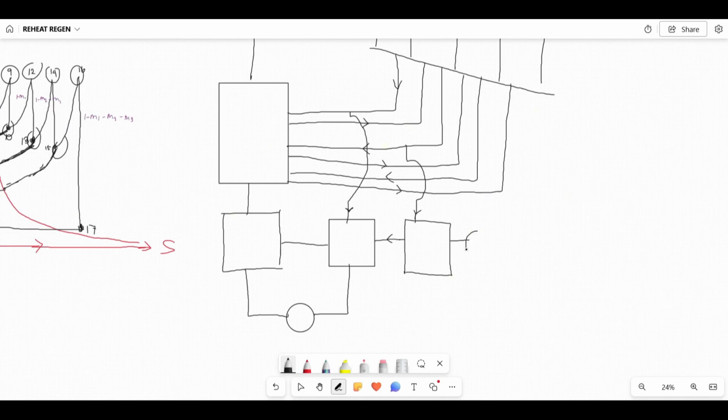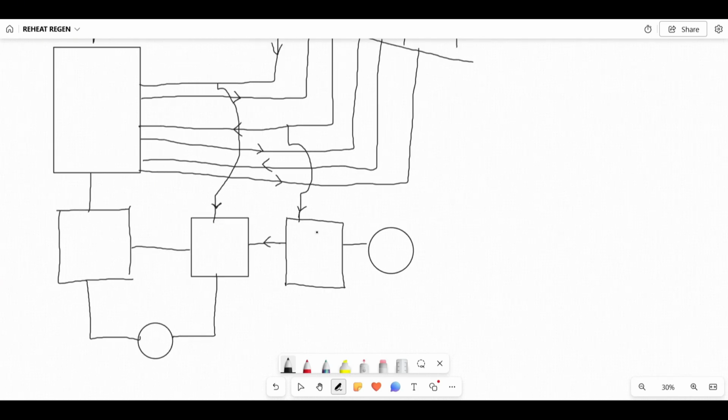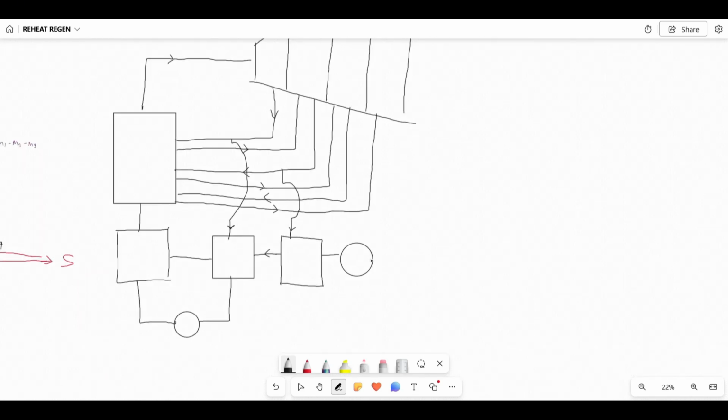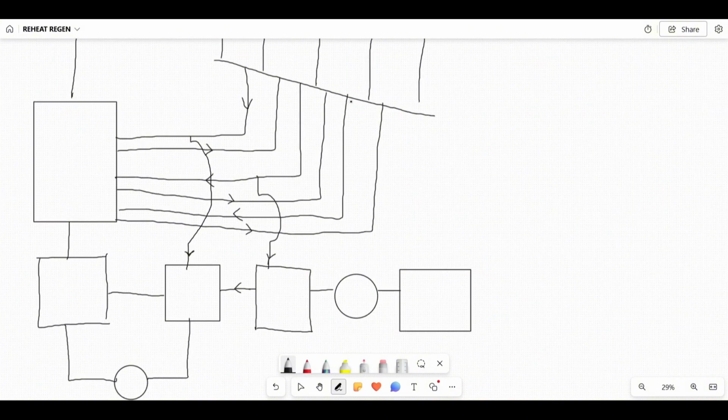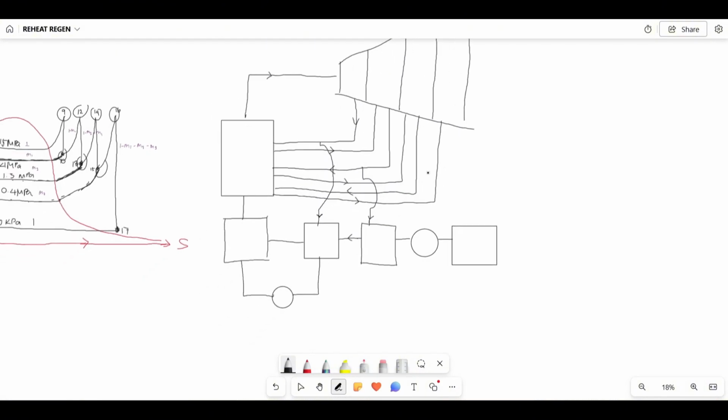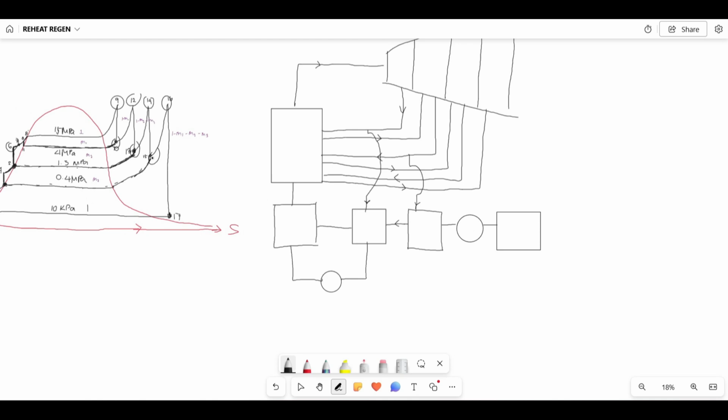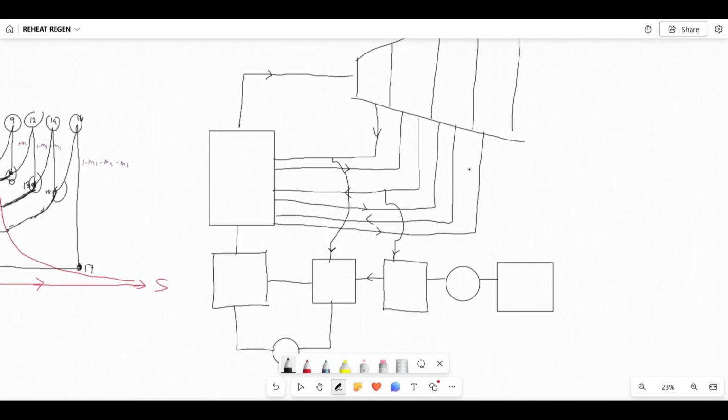Now we add a pump over here because the pressure here is different compared to there. So, another open feed water heater. By now this open feed water heater is extracted at the turbine for heat.